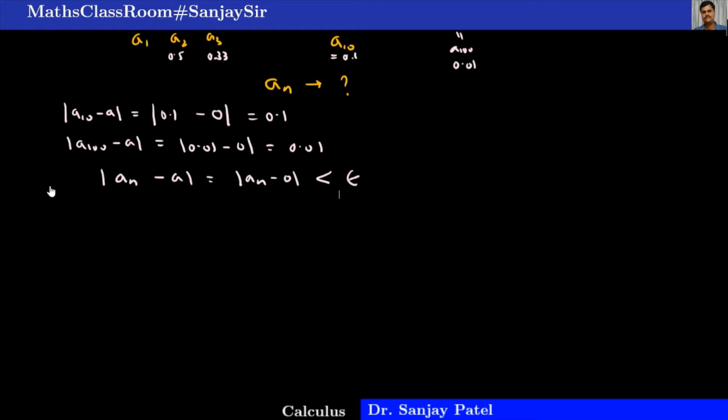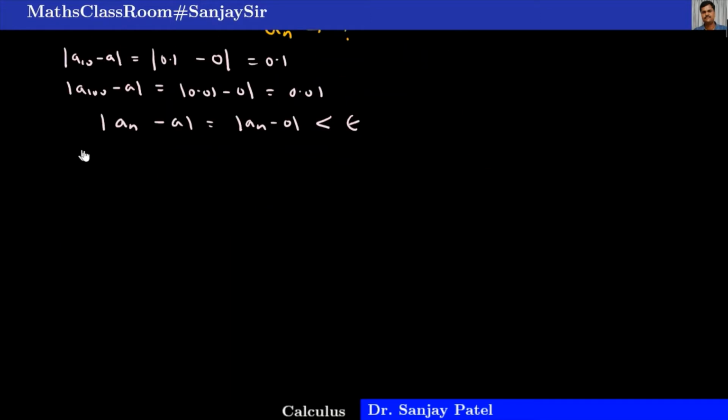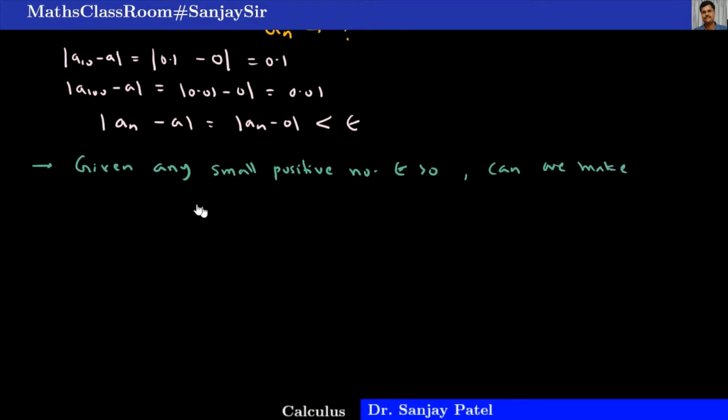Okay, so the question is, let me write properly. Given any small positive number epsilon, okay, epsilon that is always positive, can we make the distance or the difference between an and a less than epsilon?